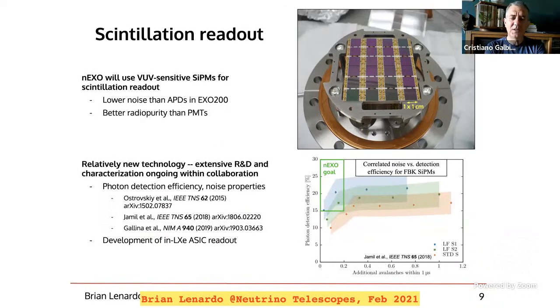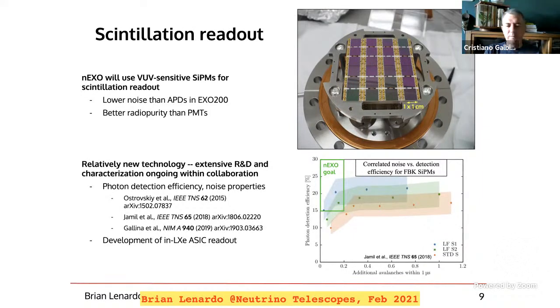For scintillation readout, as I said before, we utilize the same principle as DarkSide, which is to utilize VUV, vacuum ultraviolet sensitive silicon PMs. Low noise and very good radiopurity, but a strong dark rate, which is somewhat of an inhibiting factor for dark matter searches where you look for very low energy signals.